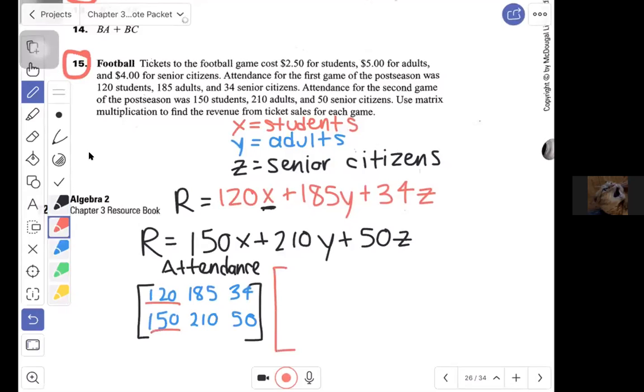Students. Good. So if our first number in our rows here represented students, then our first number in this matrix better represent students as well, because they're being multiplied. And the cost of a ticket for students is $2.50.